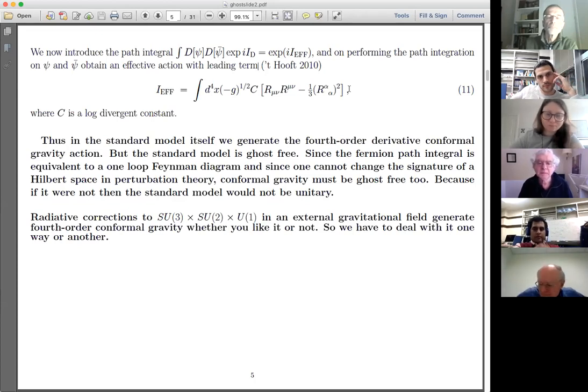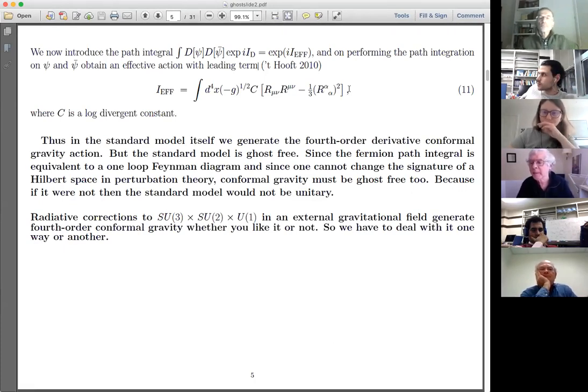Another point that I think is a problem with what you said: once you do these corrections with these extra non-local terms, and you look at the poles, the would-be ghosts move into the complex plane. Once you do quantum corrections, the zeros in the denominator of the propagator are no longer real.